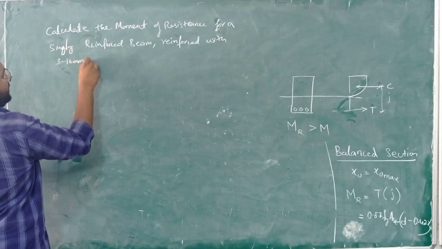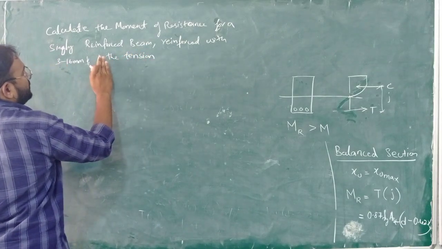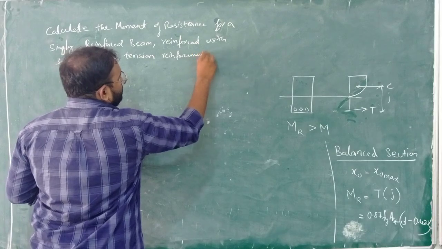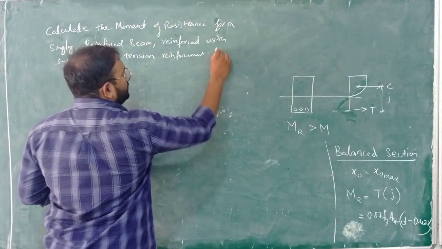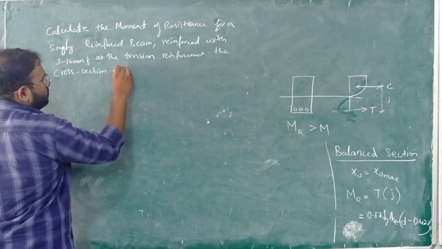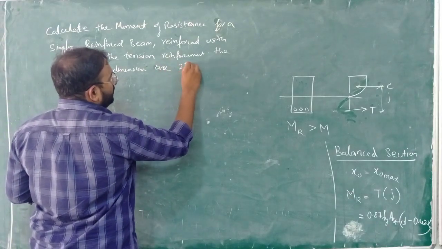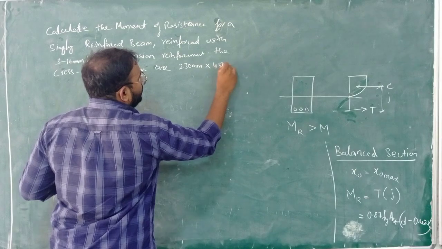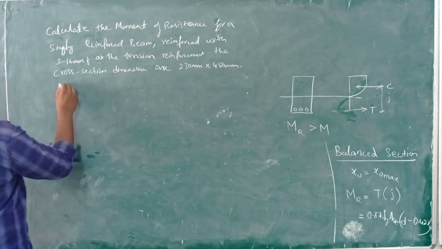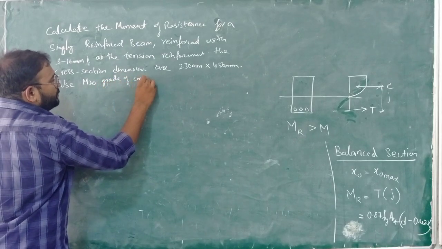So the problem here is, you have the question: calculate the moment of resistance for a singly reinforced beam, reinforced with 3 bars of 16 mm diameter in the tension face. 3 bars of 16 mm diameter as the tension reinforcement.